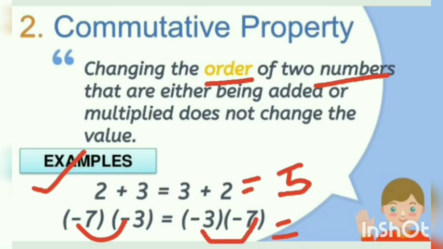When you multiply minus 3 and minus 7, the result is also 21. It means in both the conditions, the result is the same. So we can say that multiplication also follows the commutative property.